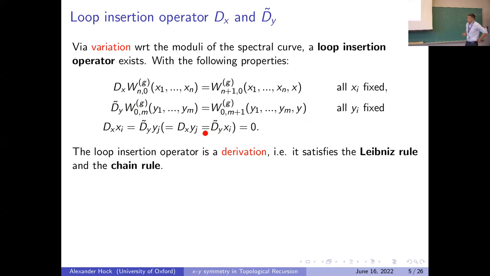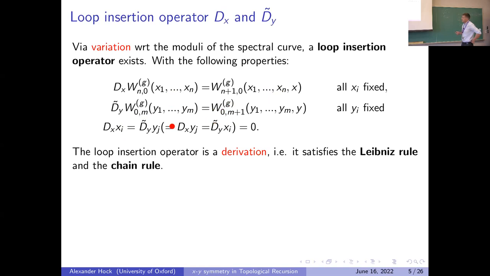This insertion operator is actually defined by a variation with respect to the moduli of the spectral curve. It is defined in the paper of Eynard. They have to fix all the x's with respect to this moduli, and then you can define this spectral curve. In this way, this is also well defined.